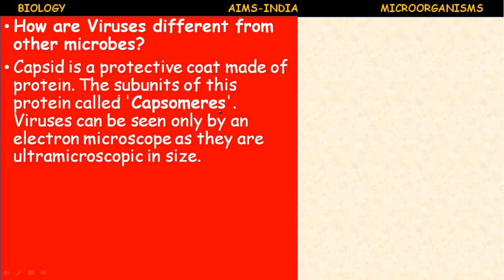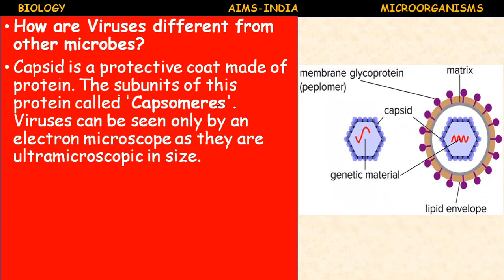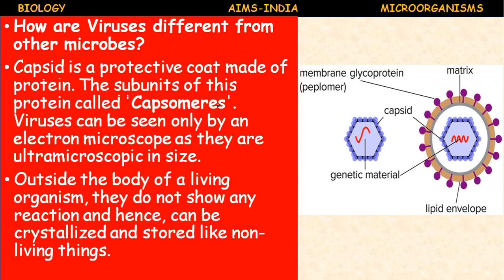Viruses can be seen only by an electron microscope because they are ultra microscopic in size, very, very small. Outside the body of a living organism, they do not show any reaction and hence can be crystallized and stored like a non-living thing.